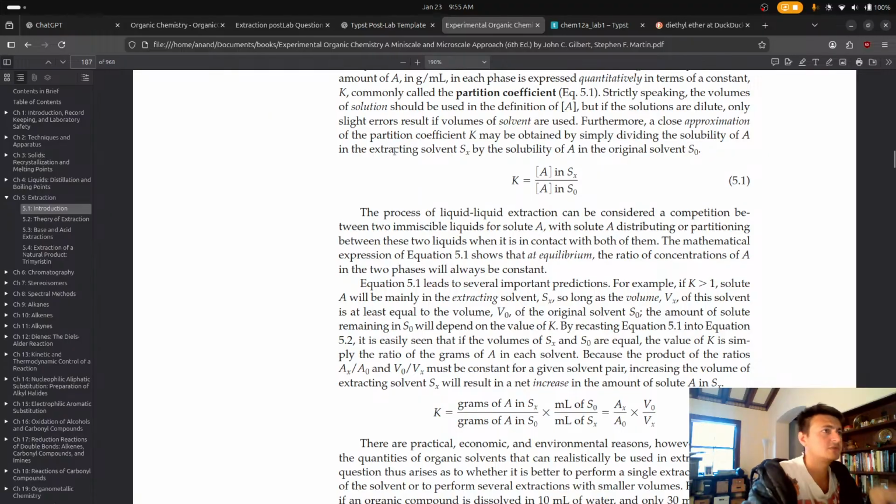So K can usually be obtained by simply dividing the solubility of A in Sx by the solubility of A in So.